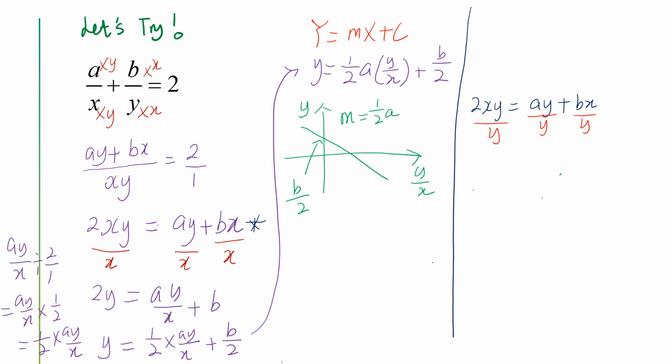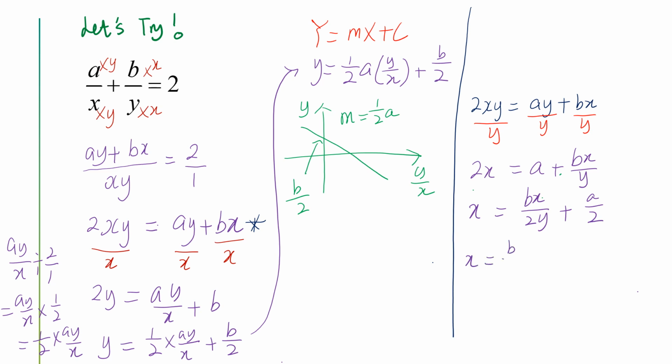Then you end up having 2x equals a plus bx over y. So we're going to divide by 2 throughout again. So you have a equals bx over y divided by 2, which gives you bx over 2y plus a over 2.